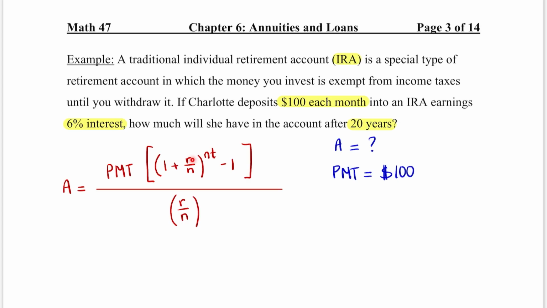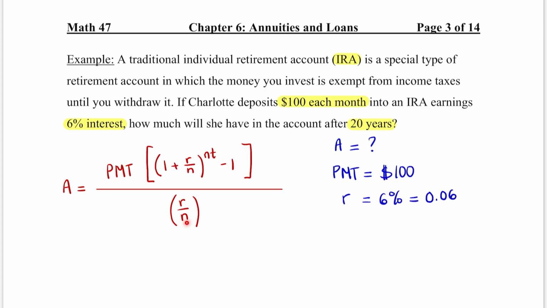R is my annual interest rate. In this case, that is 6%. And when I'm using the annual interest rate in my calculation, I will need to turn this into a decimal. So 6% is equivalent to 0.06. I take 6 divided by 100.